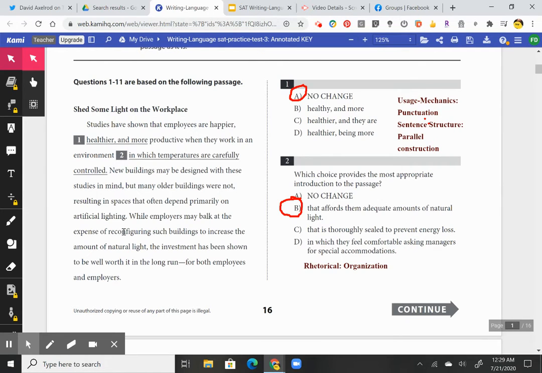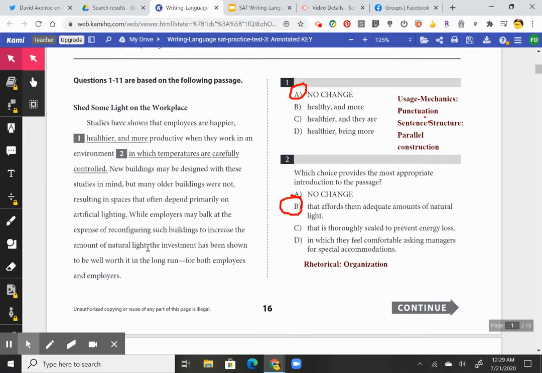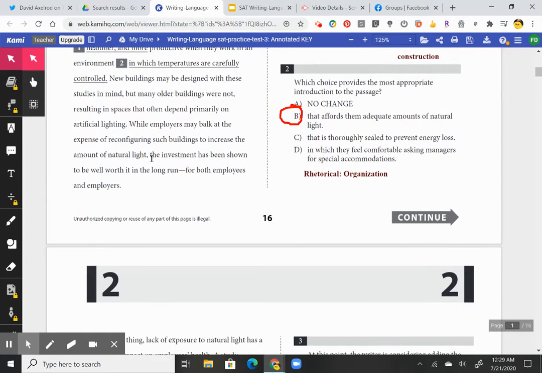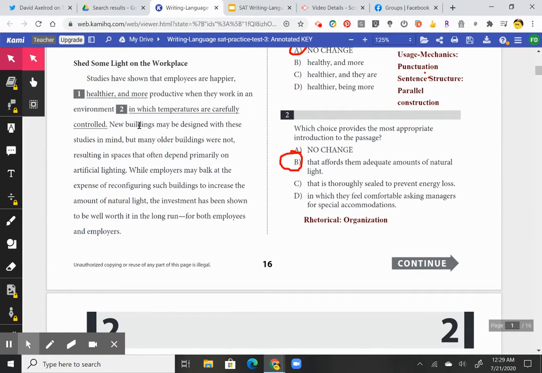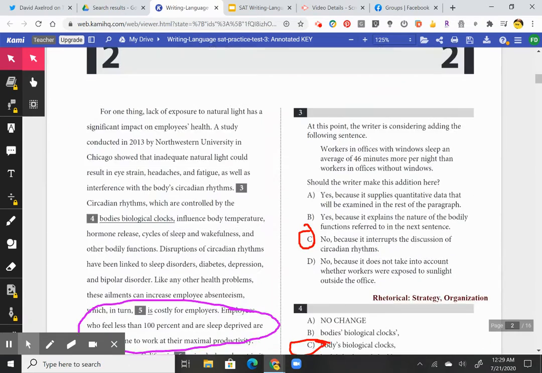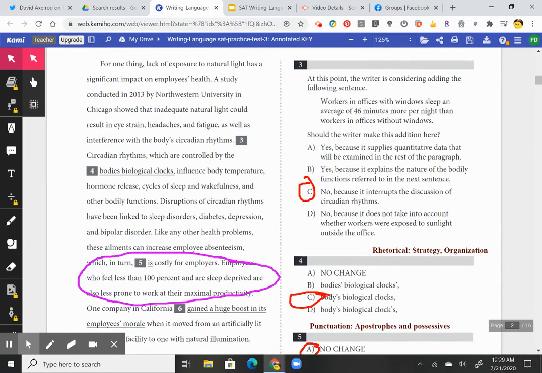It's talking about the importance of natural light. When employees balk at the expense of reconfiguring such buildings, the increasing amount of natural light, the investment is shown to be well worth it in the long run. So that's why sometimes you have to read the sentences around it to get an idea, especially with the rhetorical organization type questions, which is what that one is.